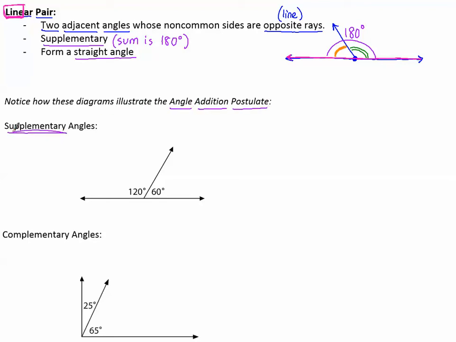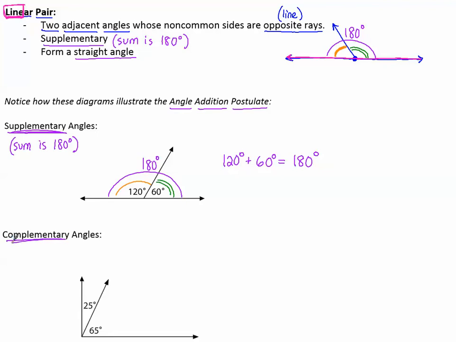Remember, supplementary angles, angles that sum to 180 degrees. Their sum is 180 degrees, so we see this obtuse angle and this acute angle next to it add together to make the 180 degree straight angle. 120 degrees plus 60 degrees equals 180 degrees.